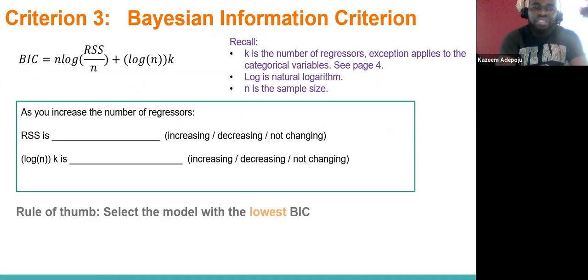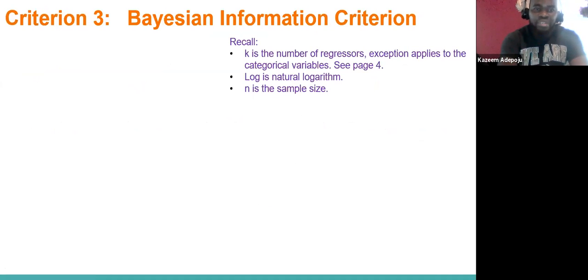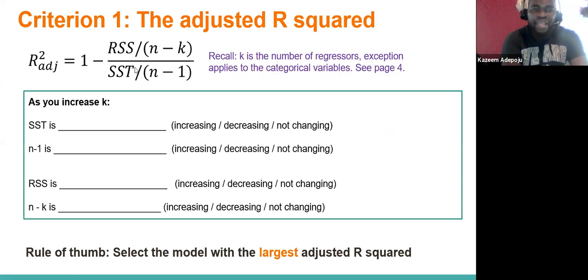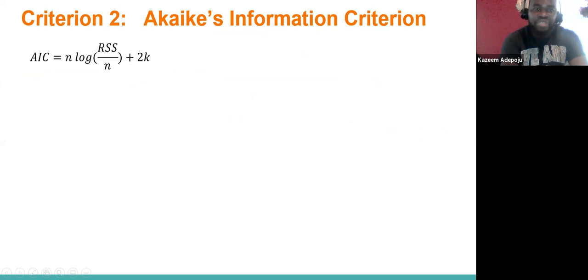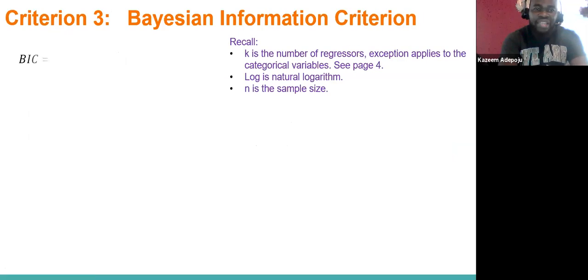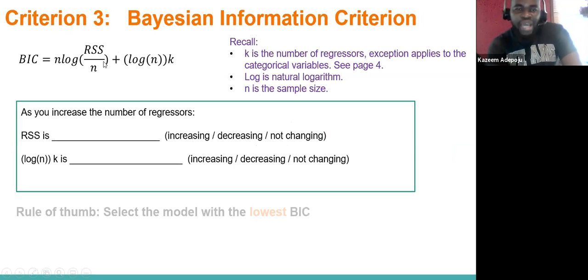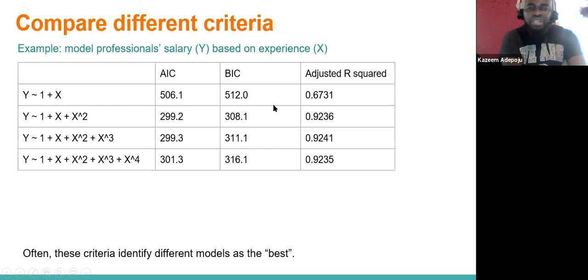It means the formula right here has already been used to compute the adjusted R squared, and the formula right here has been used to compute the AIC, and the formula right here has been used to compute the BIC. Now, based on the adjusted R squared value, the model with the largest adjusted R squared is this model here, the cubic.